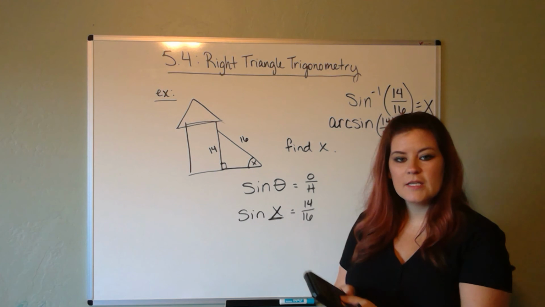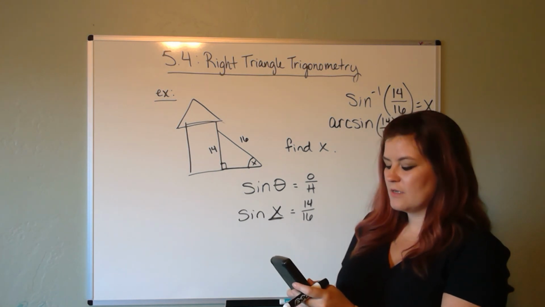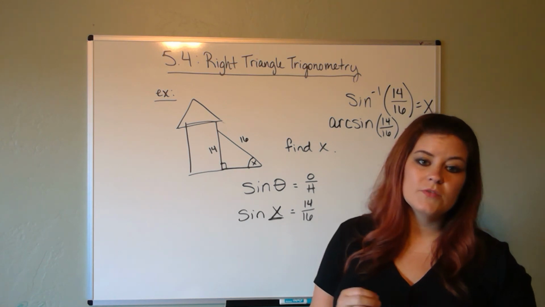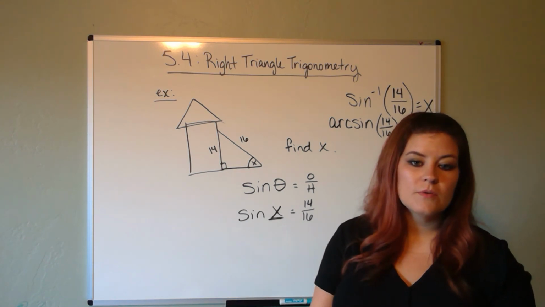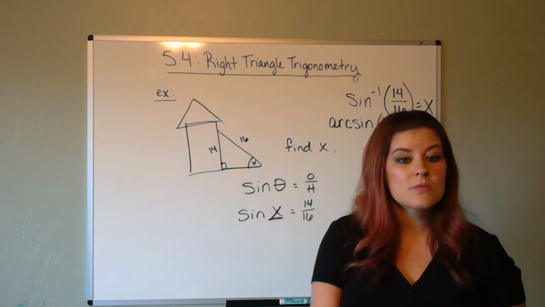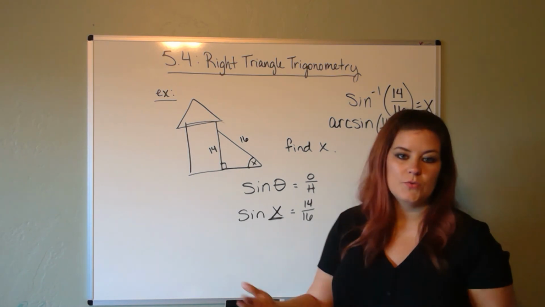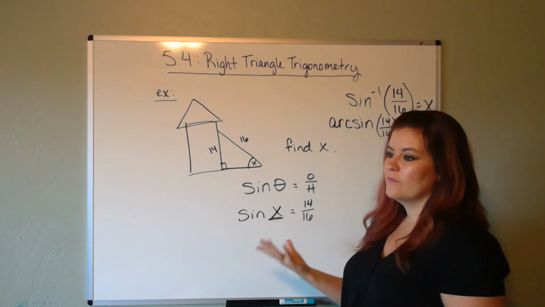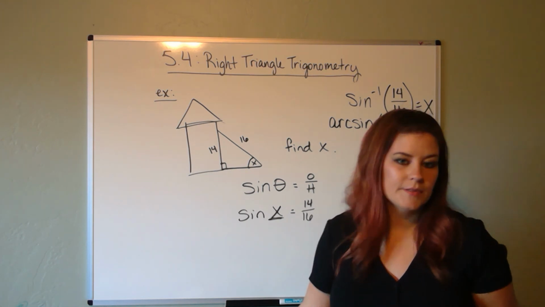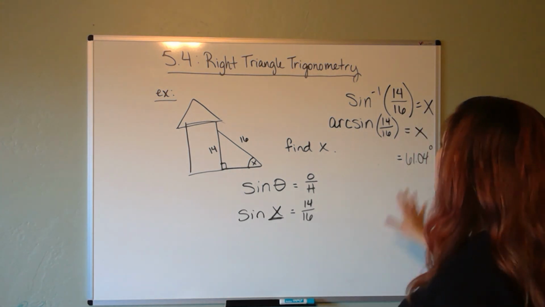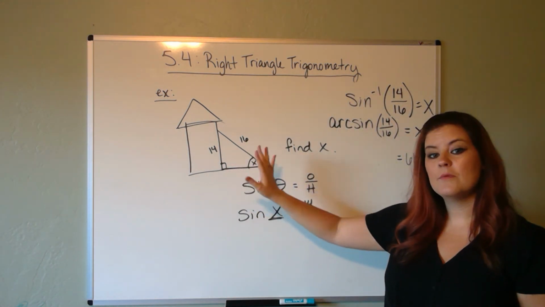But on my calculator, I push mode and I go down to that choice and I can click radians. Every calculator is different, so if you do have trouble switching from degrees to radians, because sometimes we will have to calculate things in radians, we can work through that together. Or you can Google it or something, I don't know. It's probably not that hard, but I just want to make sure we know that when we're using our calculator right now, we are in degrees.